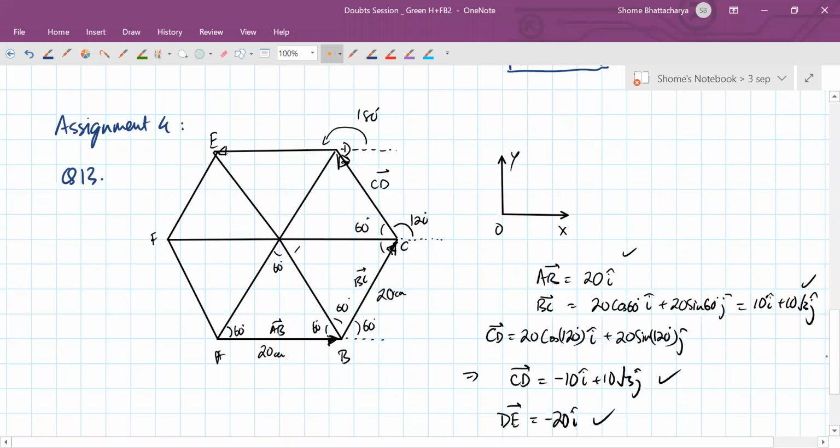You can check each of the options. So now, for example, option A is saying you have to find the resultant of the sum of vectors AB, BC, CD, and DE, and check if it is perpendicular to AB.